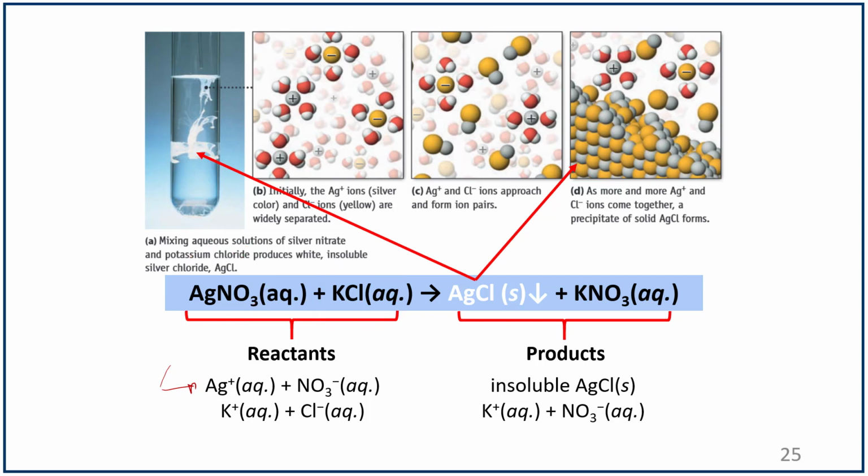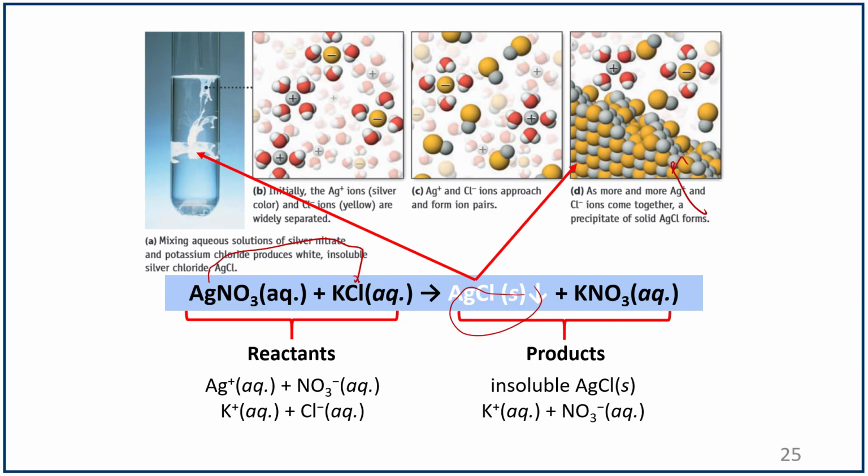Now they do break up in solution because they're soluble ionic compounds, and therefore they're strong electrolytes. Now when silver reacts with chlorine, in the metathesis reaction, you actually form silver chloride, which does not break up into ions and instead crashes out of solution. So this will be silver chloride.